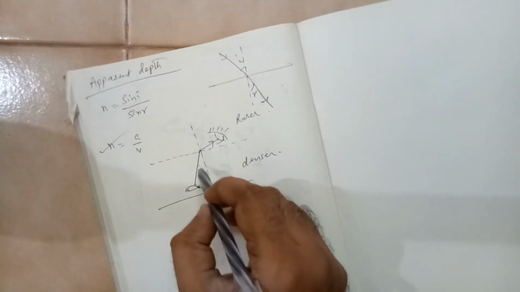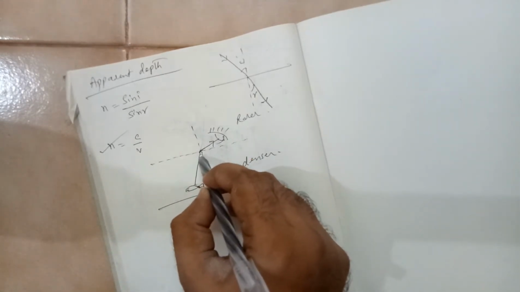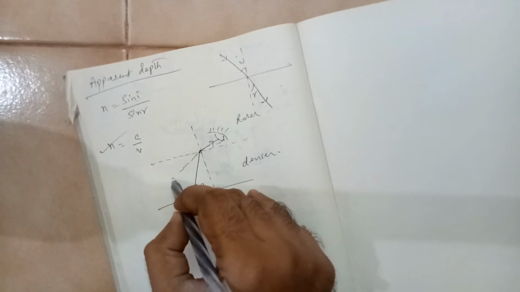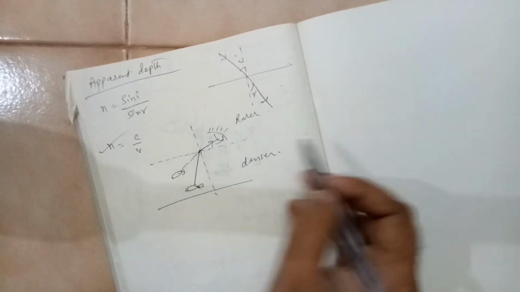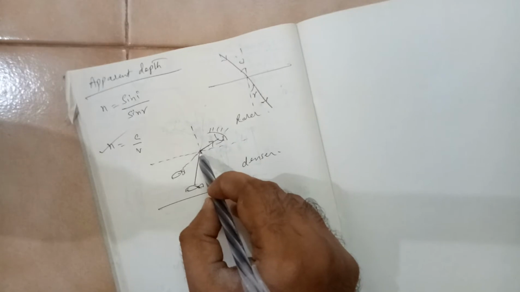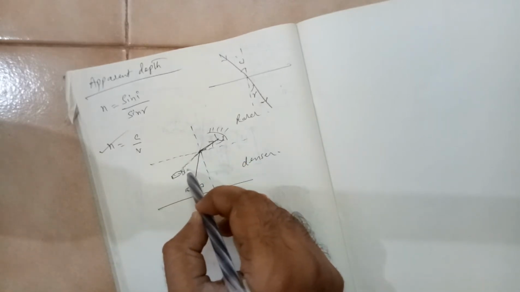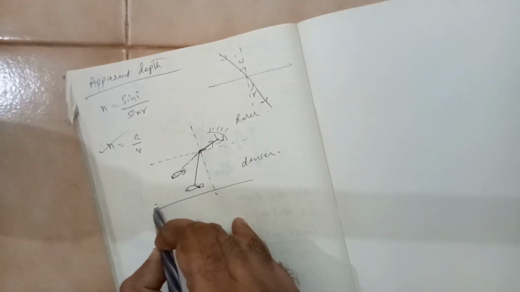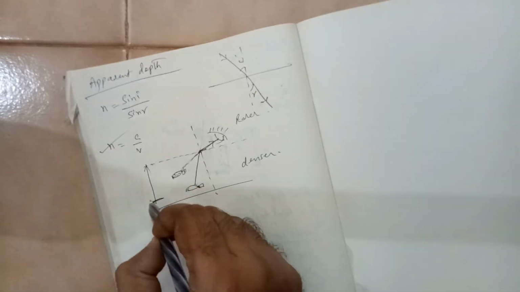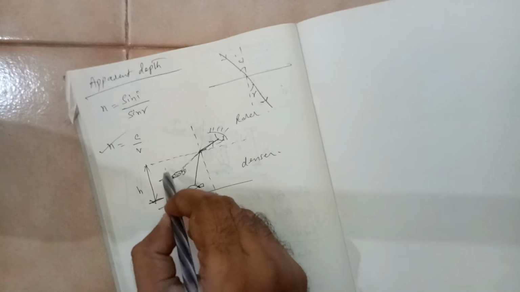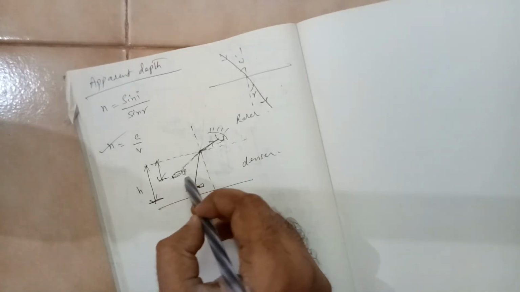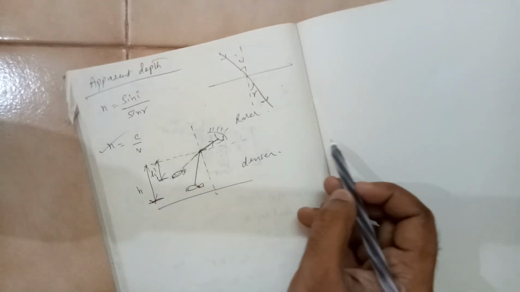Because of this he will be seeing this object, this fish, somewhere here. He is seeing the light ray like this. You need to back extend it. He will see the image over here. Let us say the original depth of the fish was h, and this new location where he is seeing it is h dash.